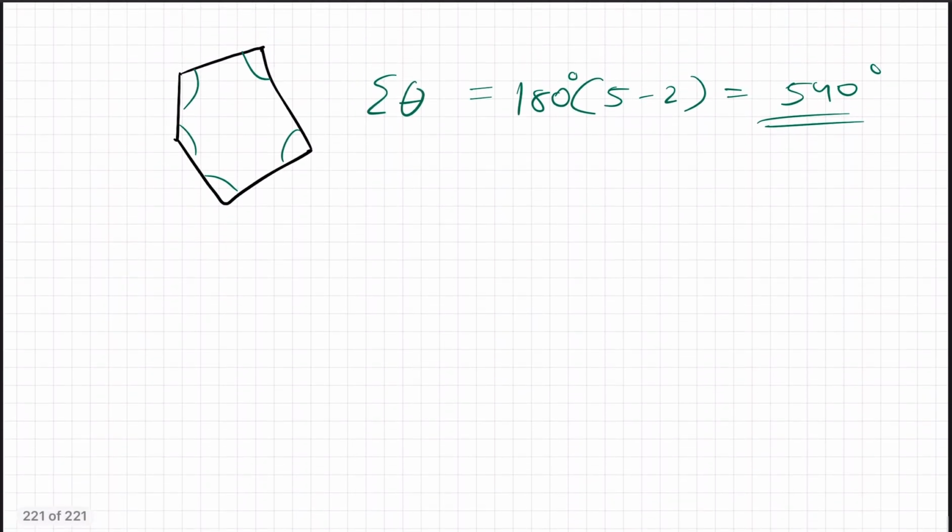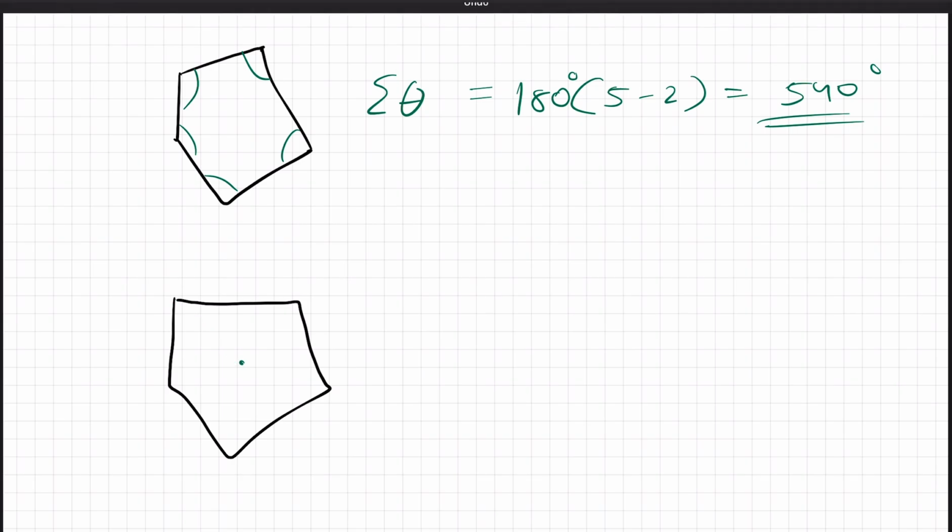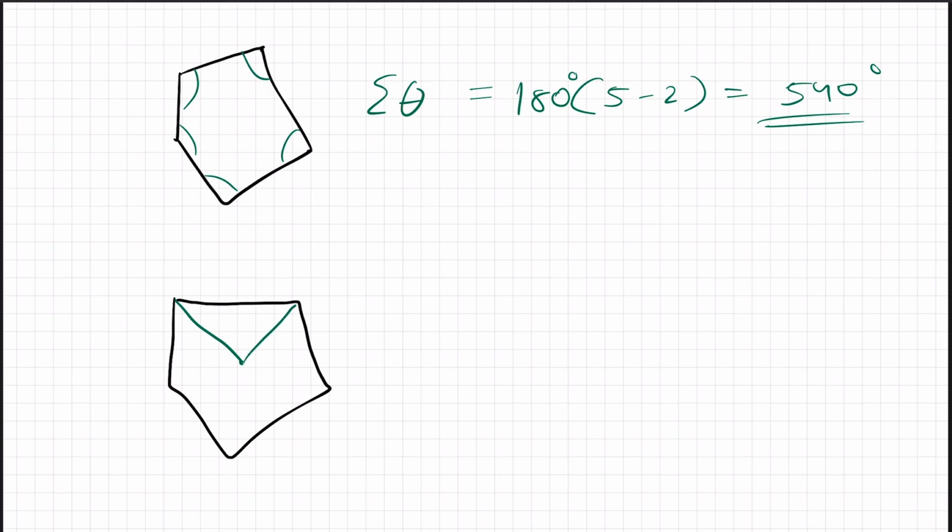So why is that the case? Well, let me demonstrate using a pentagon, and then we can generalize it really easily to any n shape. If we put a dot at the center, we can add triangles to each of the vertices.